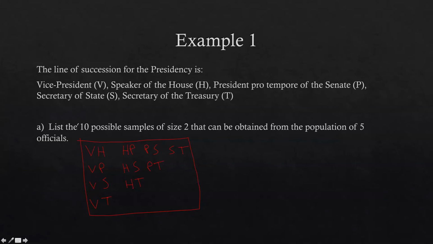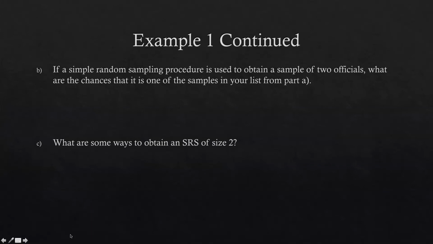Now, that's without replacement or order or anything like that. So VH and HV are the same thing. So that would be 10 possible samples of size 2. Alright, so let's look at the next one. So, if a simple random sampling procedure is used to obtain a sample of 2 officials, what are the chances that it's one of the samples in your first list?